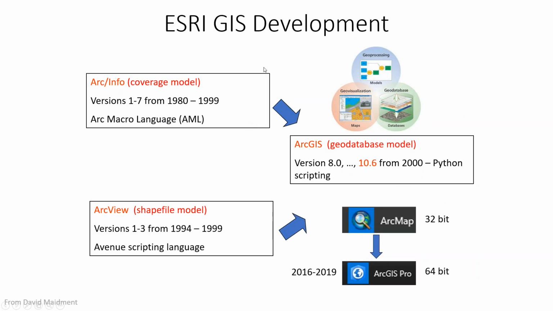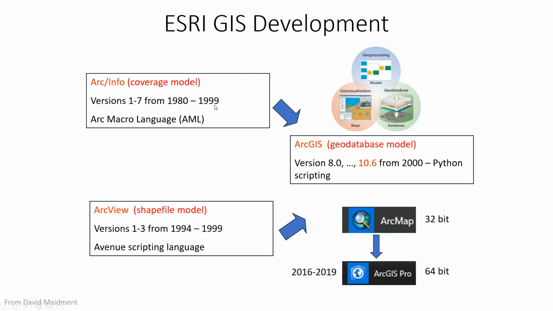So how has this evolution in the thinking of geographic information systems evolved at ESRI? In the early days, long before I even started working with ArcGIS, there was ArcInfo, which was the basis of the founding of the company. There were versions 1 to 7 from 1980 to 1999, and there was an Arc macro language.